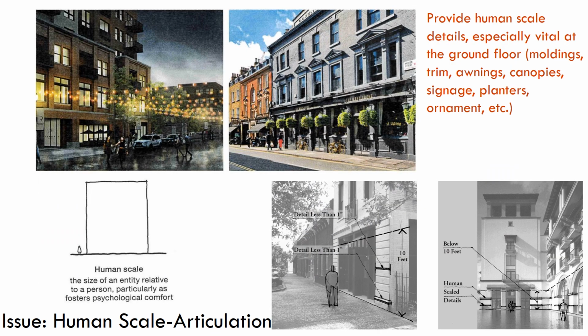Let's talk a bit about human scale. This is scale that's a slightly different idea than building scale. This deals with how a building relates to the dimensions of a human being. So when we walk along a building, as we see here in these black and white images, it's very important that the ground floor have scale so that the pieces are broken down so that they relate to the dimensions of our bodies.